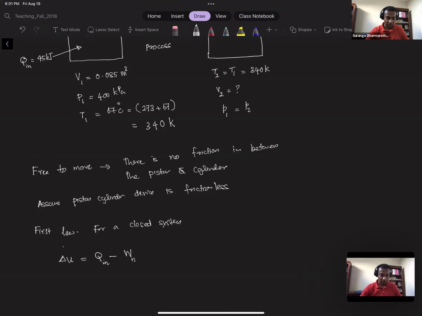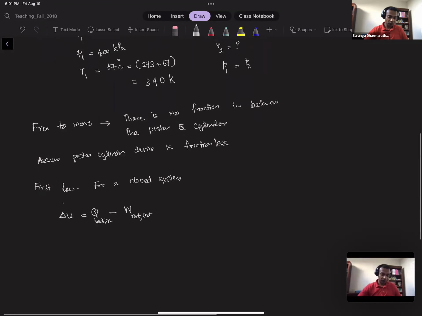And this is net output. So this is actually net input. Let me write, it's a net input. And this is net output.